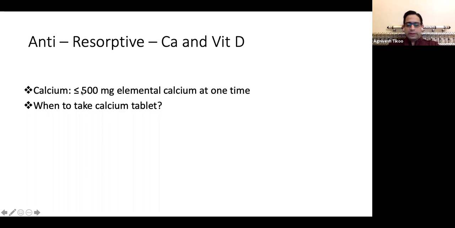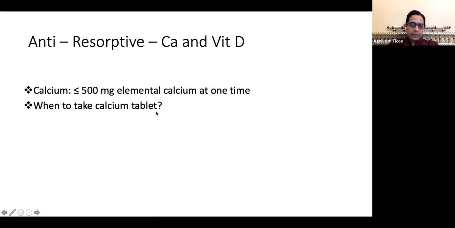Calcium, the daily requirement is around 1000 to 1300 milligrams per day, depending upon age, requirement, and all. And if you are giving a patient a calcium tablet of more than 500 milligrams, like taking 2 tablets together, it is not going to get absorbed, because this is the intestinal cut-off. It will not get absorbed over there.